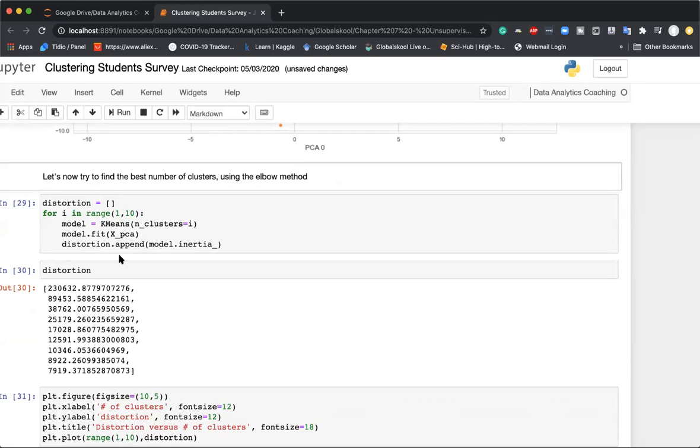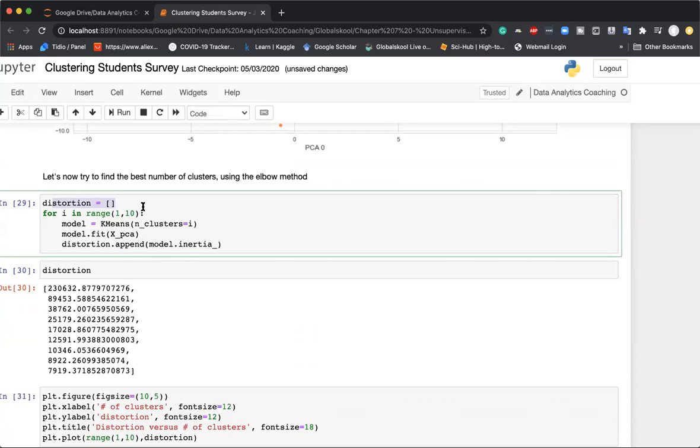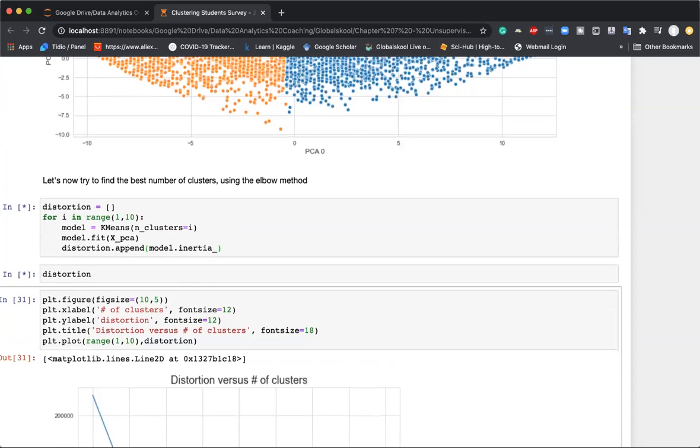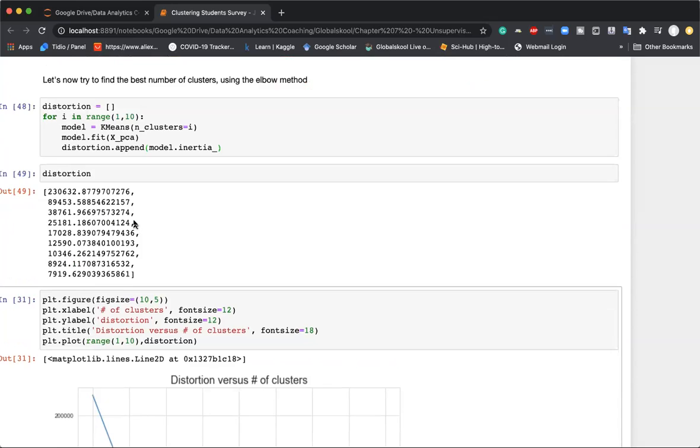We find something called the inertia of a model, and I keep on storing the inertia into this variable called distortion, and we will see how the distortion changes when I add more and more clusters to this data. So when we do that, we see that these are the distortions.